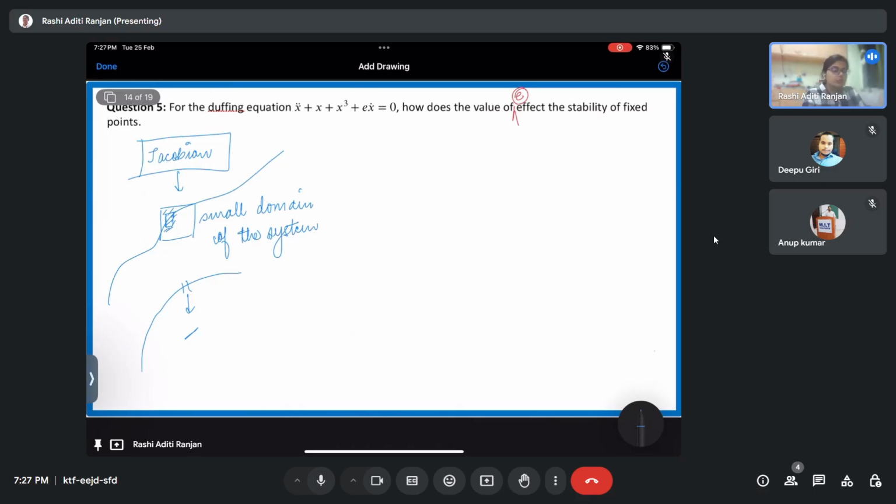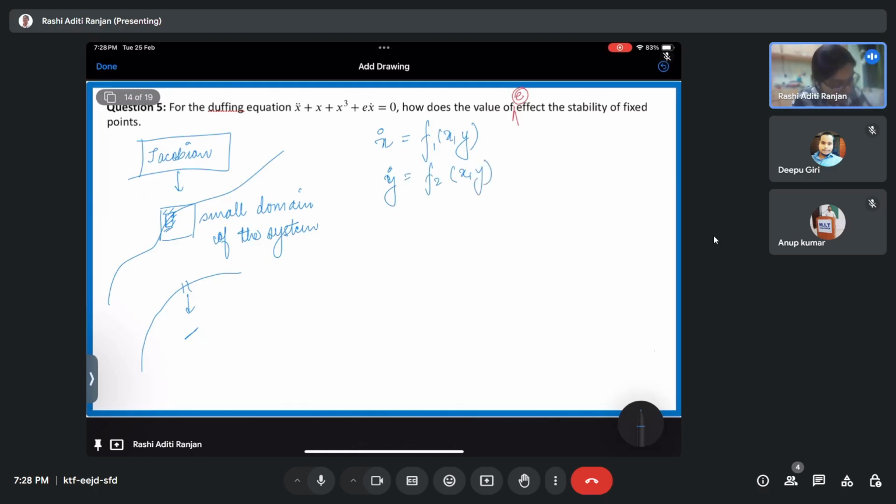So we find the Jacobian of the system, right? So what is the Jacobian? If I have a two-dimensional system of the form x dot is equal to f1 and y dot is equal to f2, right?